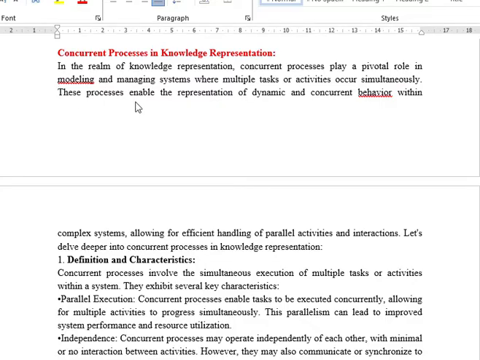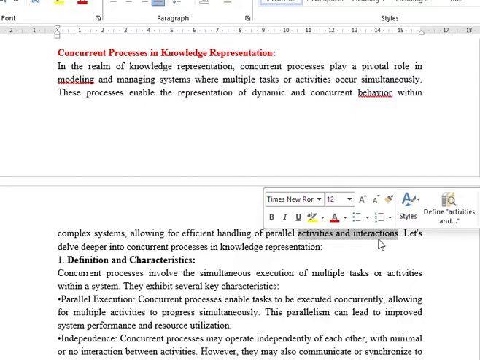So these processes enable the representation of dynamic and concurrent behavior within complex systems, allowing for effective handling of parallel activities and interactions. It will be in the form of parallel activities, and the interaction means after completion of one level it goes to the other level, and after completion of that level it goes to another level.